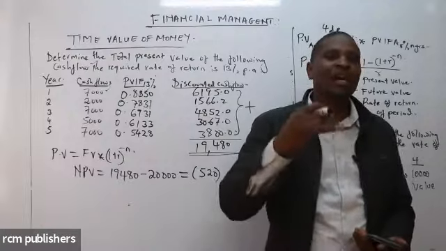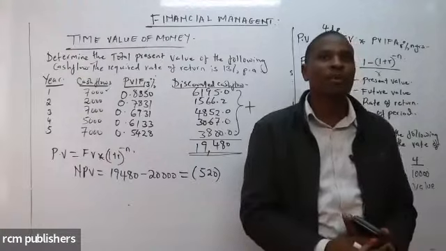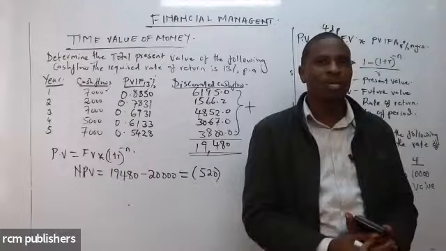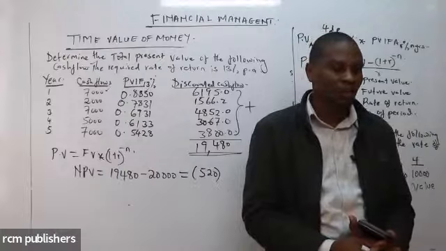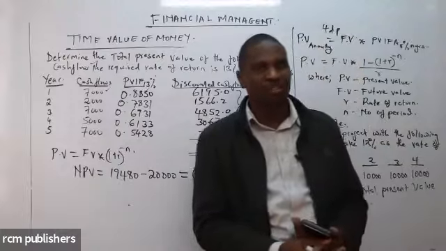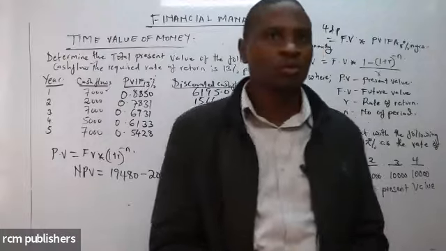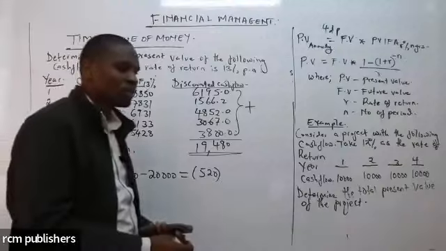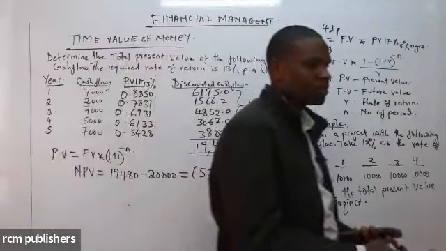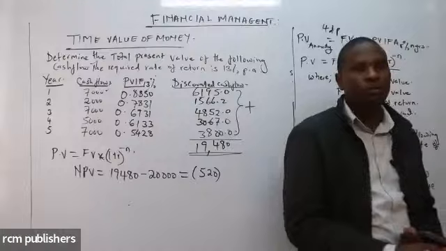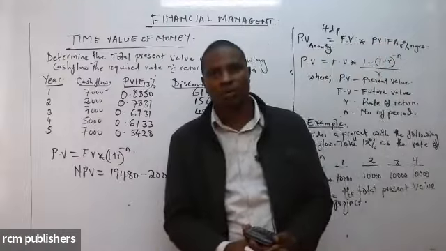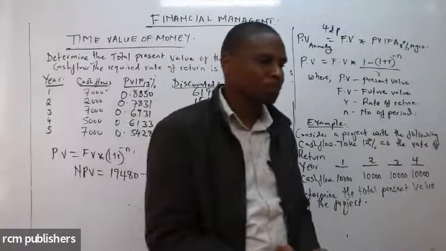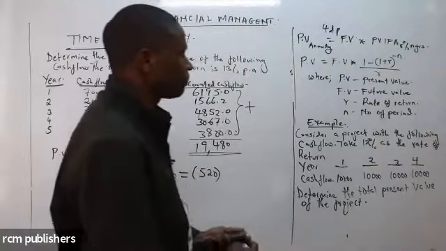If they proceed and invest, they are going to get losses. So you tell them that the project is not viable and therefore they should not invest in it. That's how we make decisions.